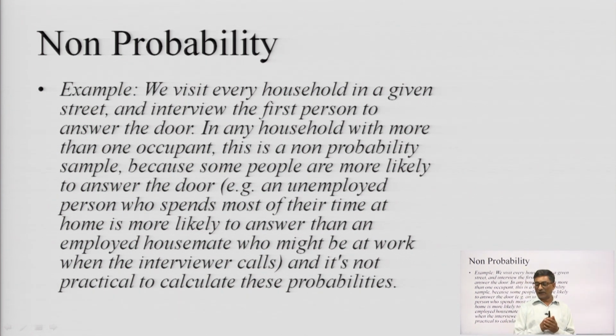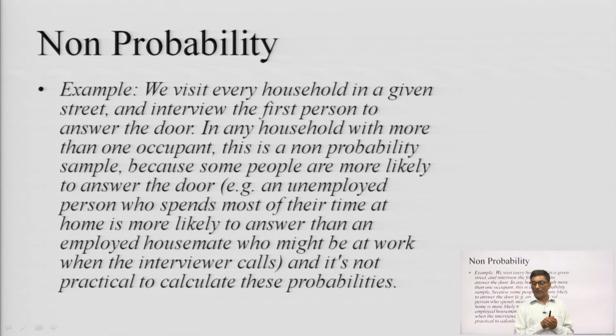Now, non-probability sampling. I take an example to explain it to you. In non-probability sampling, we visit every household in a given street and interview the first person to answer the door in any household with more than one occupant. This is non-probability sampling, because some people are more likely to answer the door.